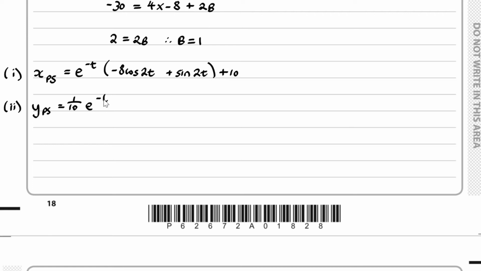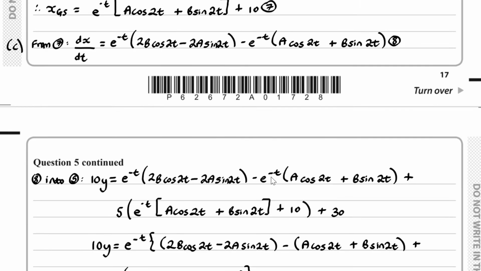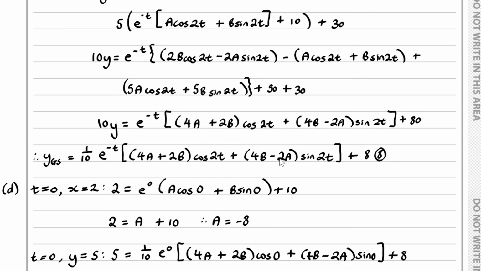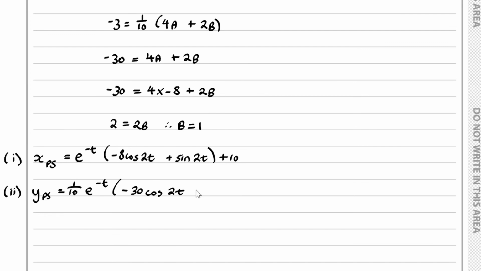E to the minus t, lots of minus 30 cos 2t, and then in terms of sines, we have over here 4b minus 2a, so we've got 4 minus 16, so that will be 20. So we've got 20 sine 2t plus the 8. And if you want, you can expand this 1/10 into the bracket, but I'm not going to do that.